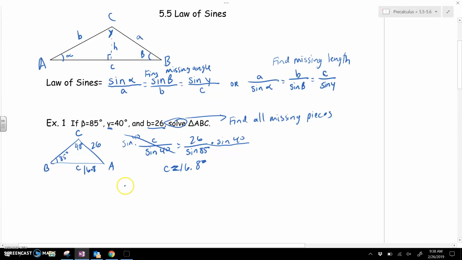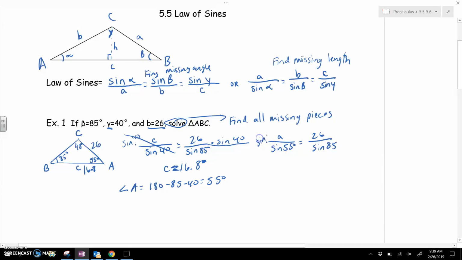Again, to find angle A, I can quickly do 180 minus 85 minus 40, and that gives me 55 degrees. And now to find side A, I would do a over sine of 55 degrees equals, and I'm just going to stick with using b, the original one I had, 26 over sine of 85.